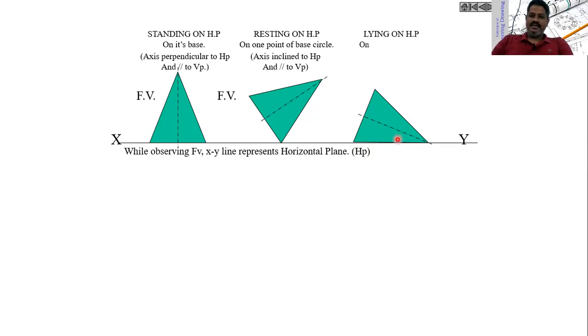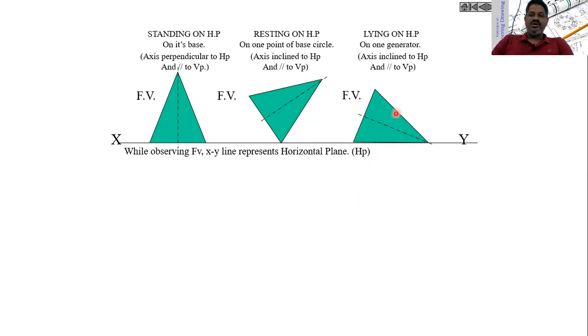This is the case when we see the cone from the front. When one of the generators is lying on HP and the axis is making some angle with HP and is parallel to VP, it looks like this.